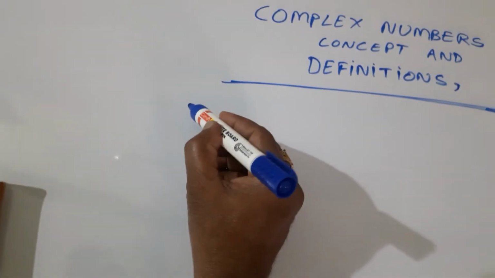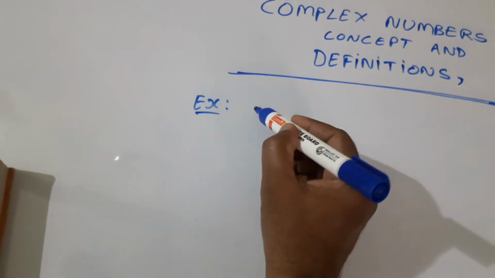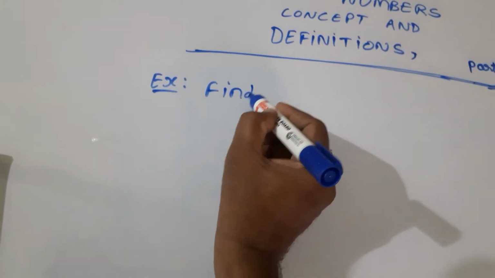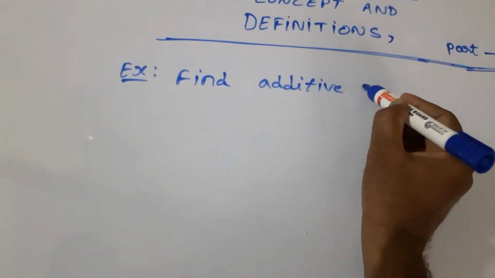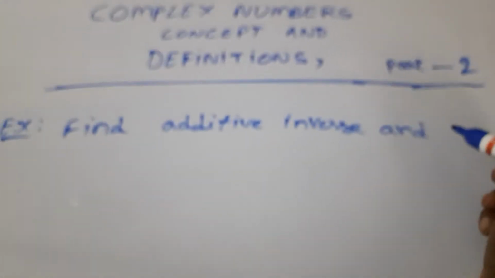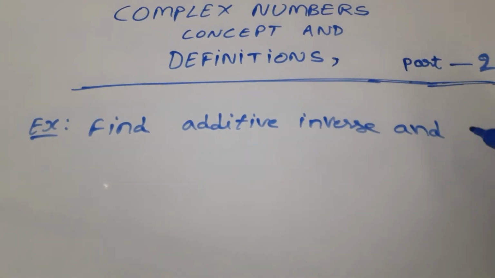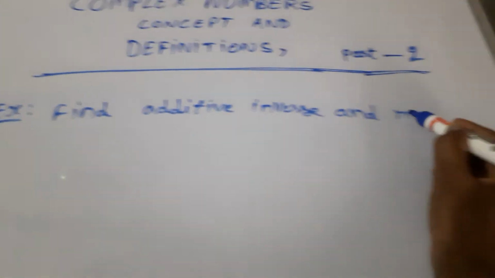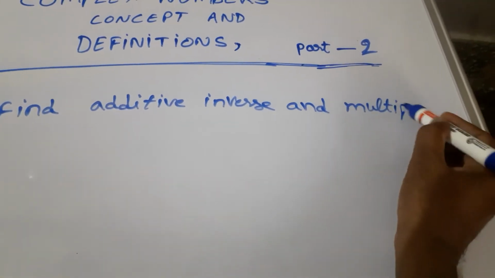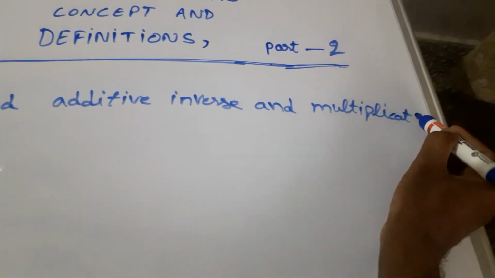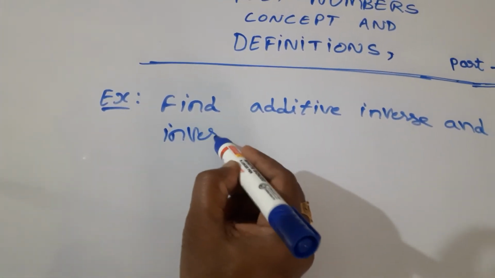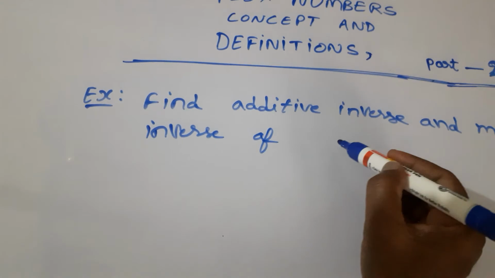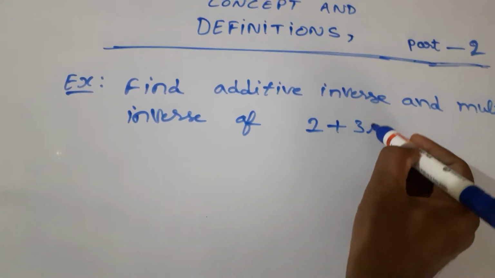Next one example. Find additive inverse and multiplicative inverse of 2 plus 3i.